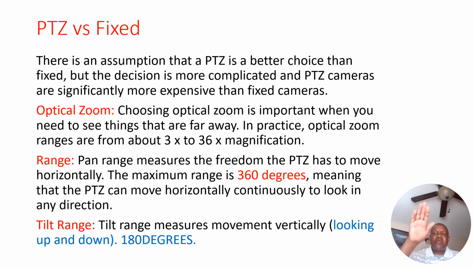It can only go 180 degrees up and down. If you divide a circle by 2, then it is 180 degrees. But pan, it can go horizontally round like this, 360 degrees. And then optical zoom, you know this one, zooming in, zooming out as you use even your mobile cameras or your mobile phones.